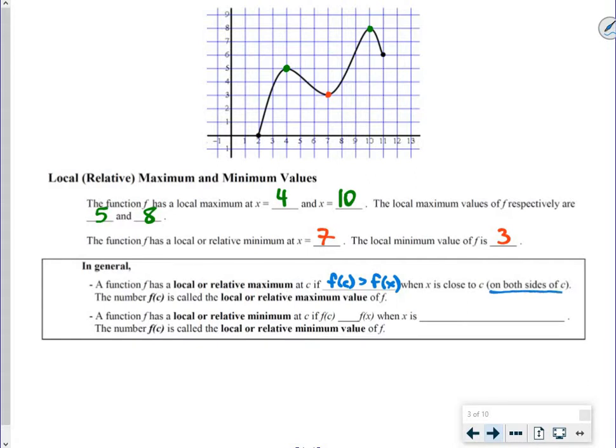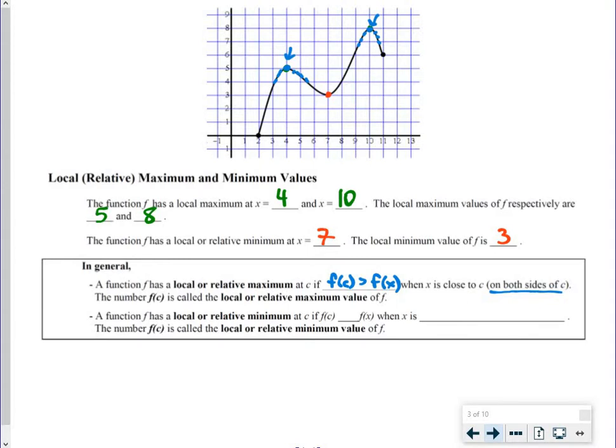So for example, we have a local maximum here, just comparing it within that local neighborhood. It's the biggest in that area, so it's a local maximum. Okay, same thing over here. Just looking at the values of f in the vicinity of that peak. Okay, it's the biggest as well.